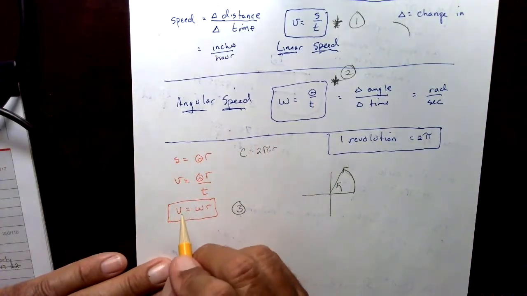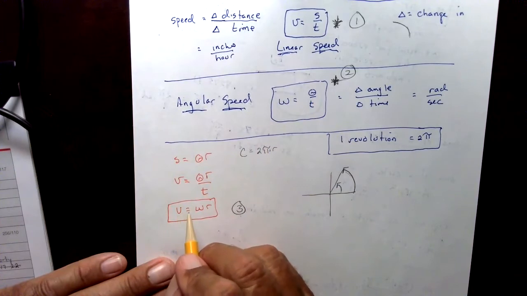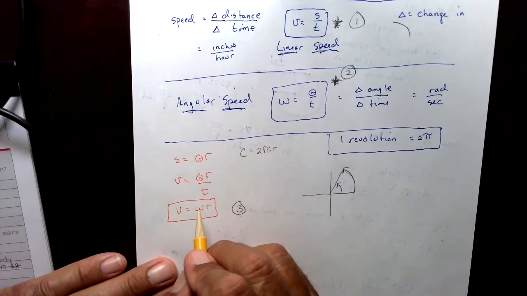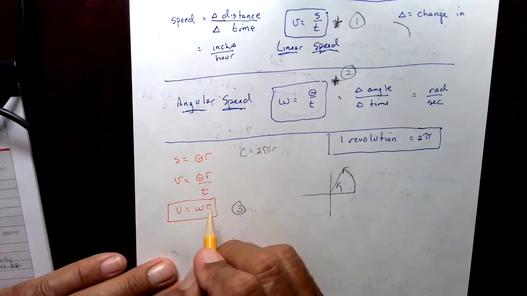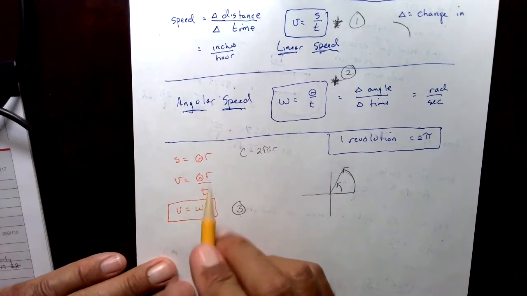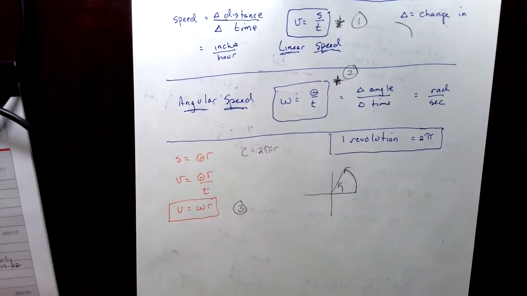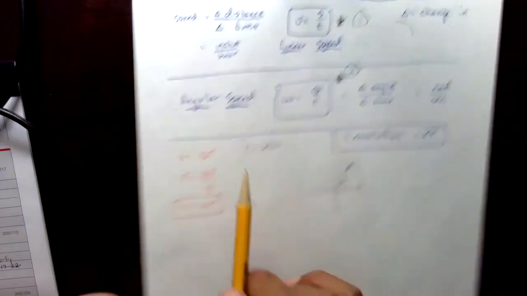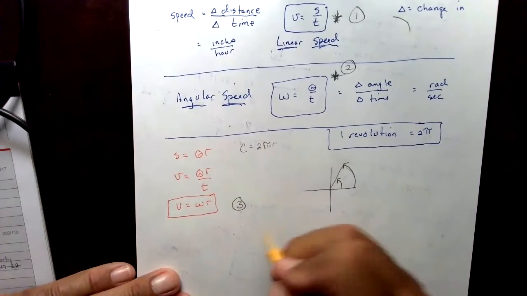So now I have a formula: linear speed equals angular speed times radius. There may be times when I'm given pieces of information and I need to figure out which formula to plug them into.